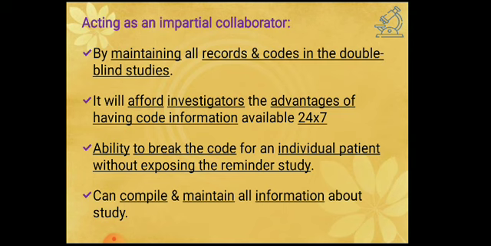The pharmacist becomes an impartial collaborator by maintaining all the records and knowing the codings of the double blind studies, and all the information has to be made available at all times, that is 24/7.